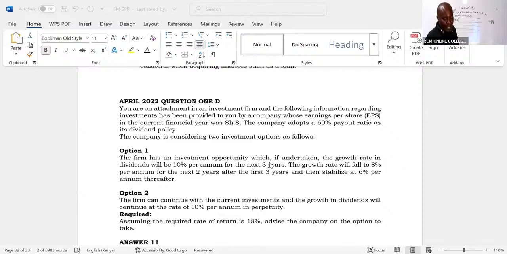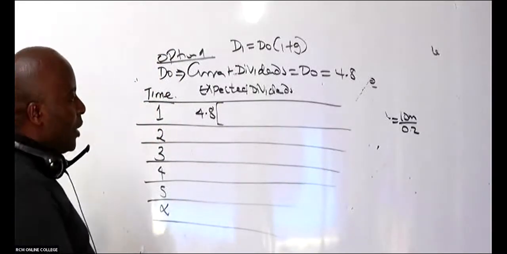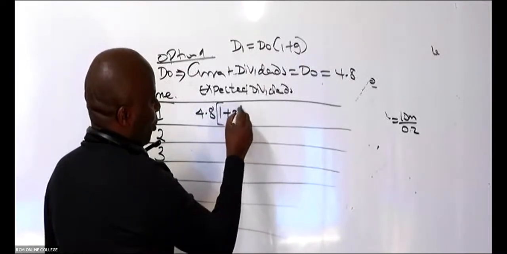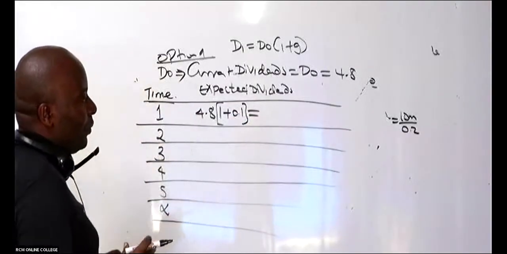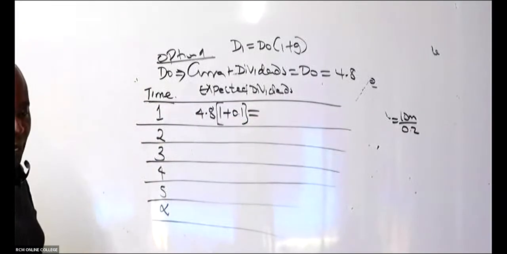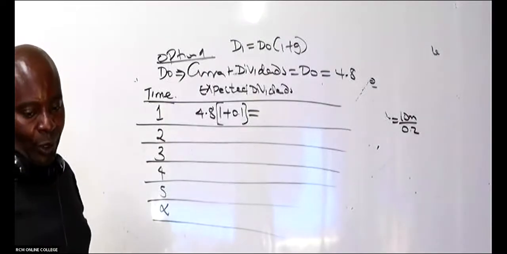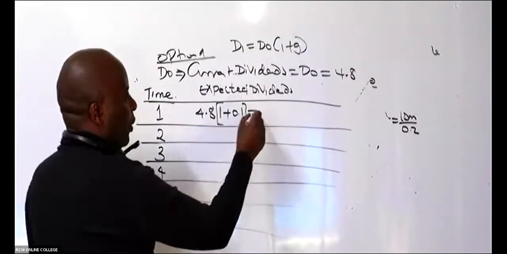So now 4.8 times 1 plus 0.1. Is there somebody who is able to give me this figure? 4.8 times 1.1. Joanne is giving me a figure of 5.28. Thank you so much.